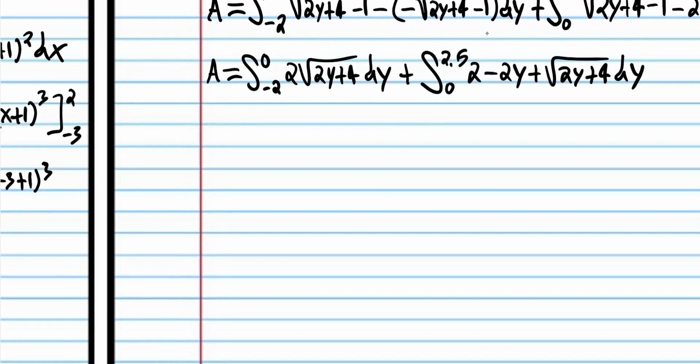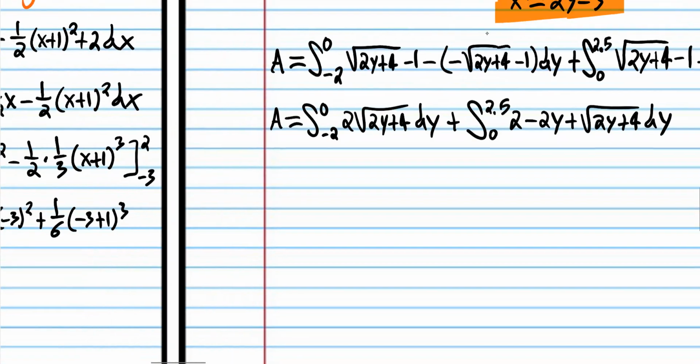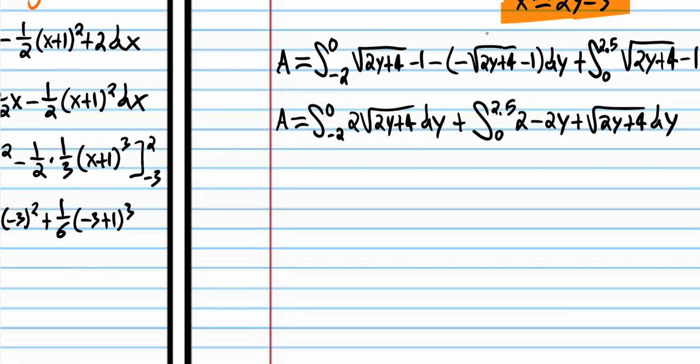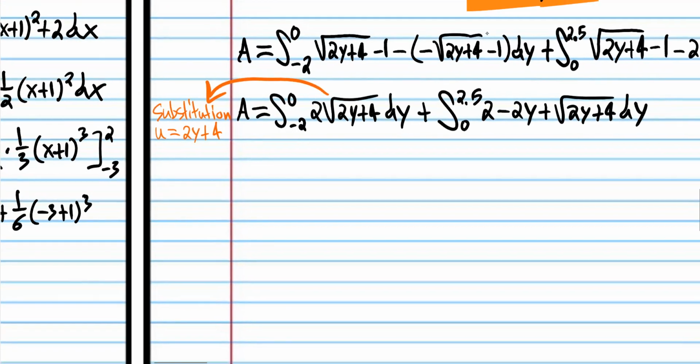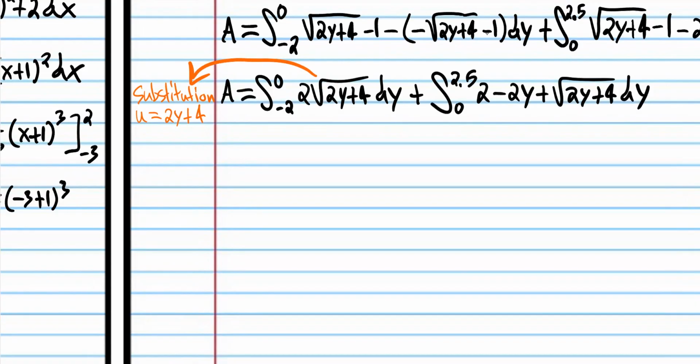Now these integrals require substitution. So I'll write that over here. U would be 2y plus 4, looks like. And you can do that substitution yourself, but we can't really show that because that would just take too long.